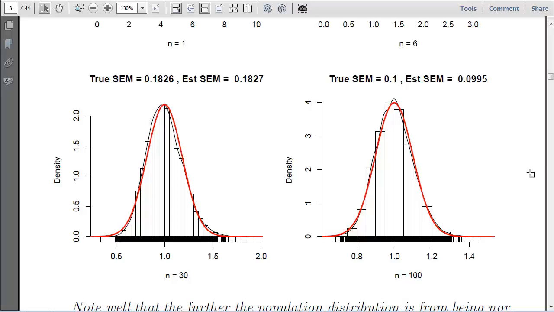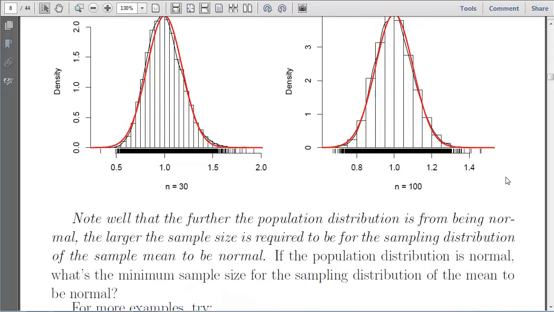So the main takeaway here is that when you start with a distribution that's fairly close to normal, you need a smaller sample size for the central limit theorem to effectively converge to a normal distribution. Whereas if you have a distribution that's quite far from the normal, it takes larger and larger sample sizes.